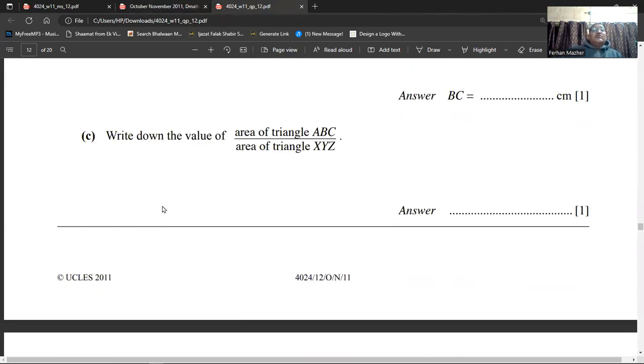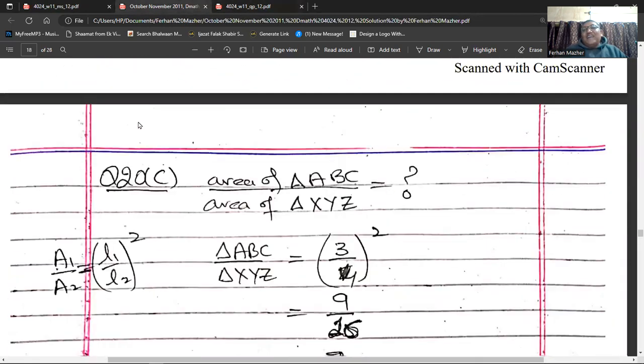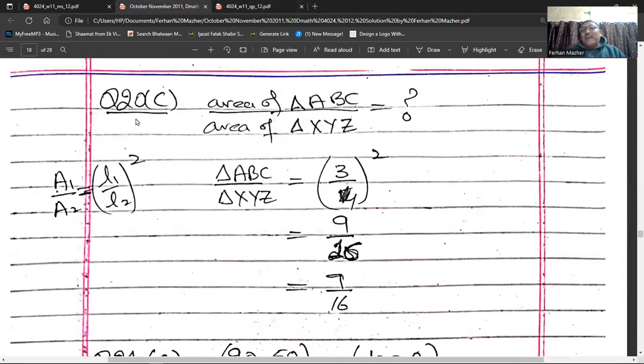Then the question is, write down the ratio of the area of the triangle ABC and the area of the triangle XYZ, because both these triangles are similar to each other. So the ratio of their areas will be equal to the square of the ratio of their sides. A1 by A2 is equal to L1 by L2 whole square. This is the formula which most of my students remember.